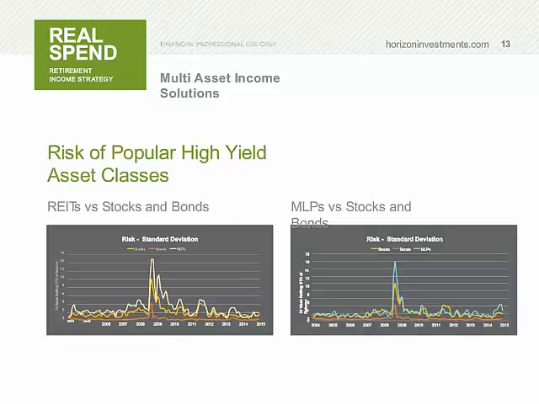What you're seeing here on this slide is the traditional stocks and bonds. We're using the S&P and the Barclays Aggregate Bond Index, or in this case the AGG iShares ETF, as proxies for those. And then we're comparing the REIT and MLP ETFs we just mentioned.